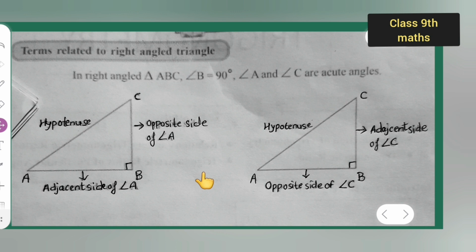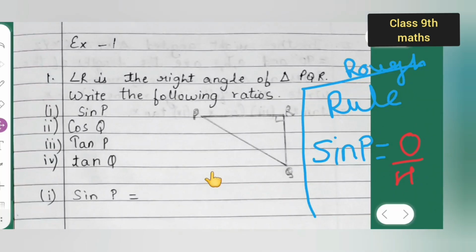So let me start solving exercise 1. When you talk about the rules, you'll have to check the previous lecture. Now sin P is what? Opposite upon hypotenuse. What is the opposite of P? Opposite of P is nothing but QR.